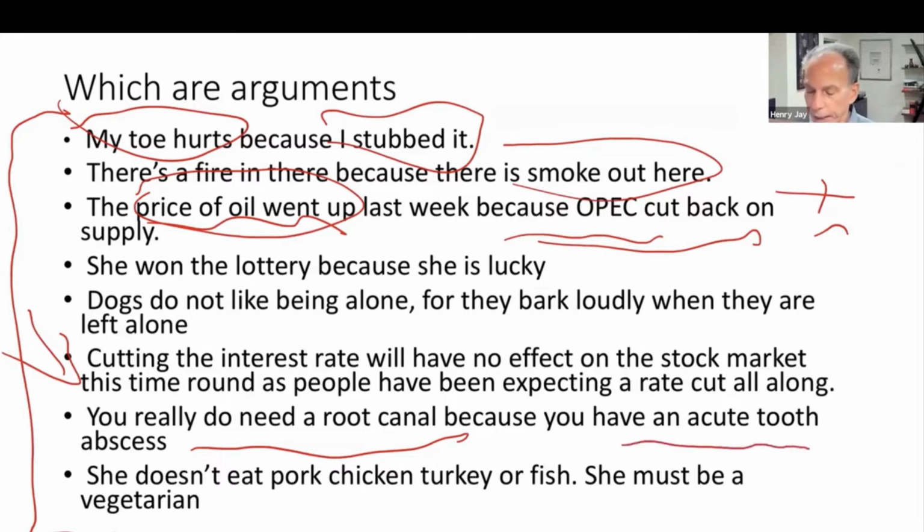Well, the root canal, right? Explanation. But what's the point of view of the author? Is the author of this sentence taking a position, making a claim?